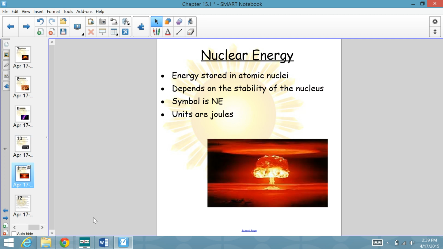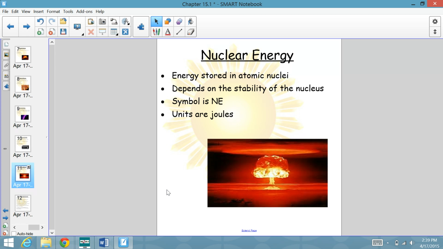And the final major type of energy is nuclear energy. So nuclear energy is the energy stored in atomic nuclei. So where the protons and the neutrons are found in the nucleus, there is energy stored within that nucleus. And once you start taking it apart or adding more things to it, we can release that energy. And the amount of nuclear energy in an object depends on the stability of the nucleus.